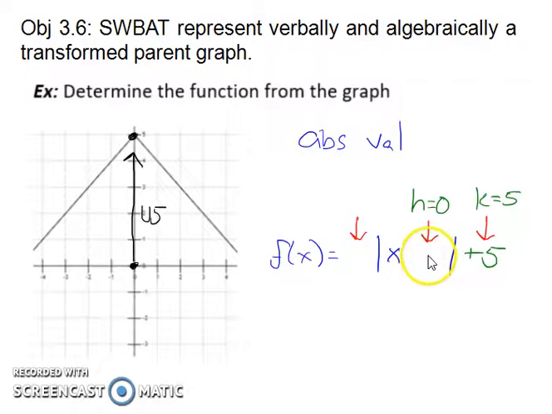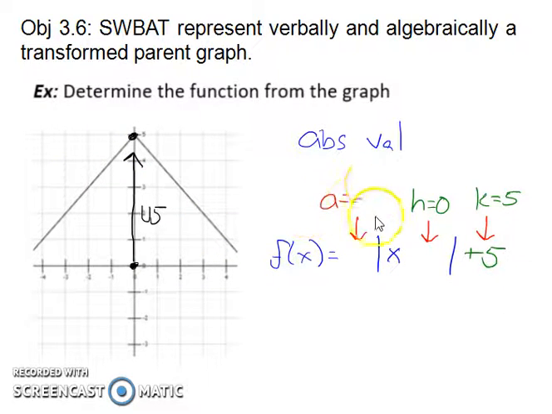I'm not going to write plus 0 here, although if you want to remind yourself that that's what happened, you can certainly write that. Our last thing is going to be a. Now a is difficult in terms of the vertical stretch or compression, but it's very easy in terms of the reflection. Normally an absolute value graph opens up, this absolute value graph opens down. So I know that a is negative.